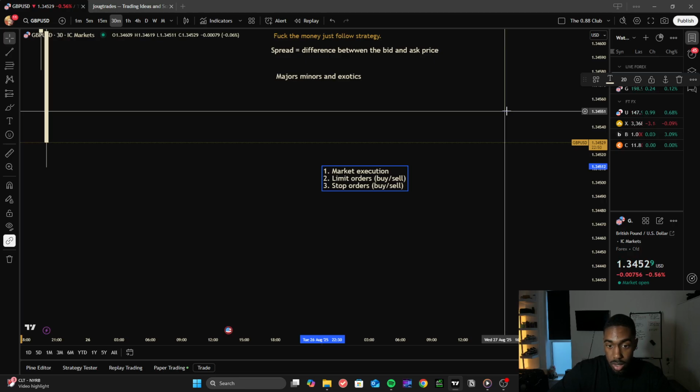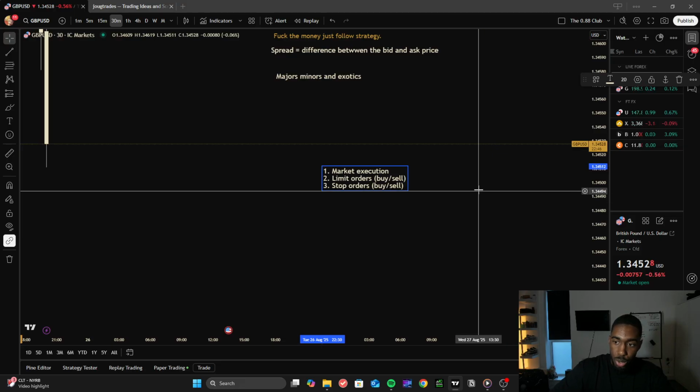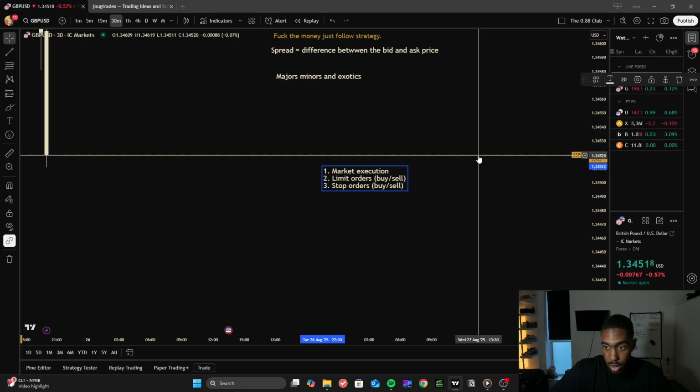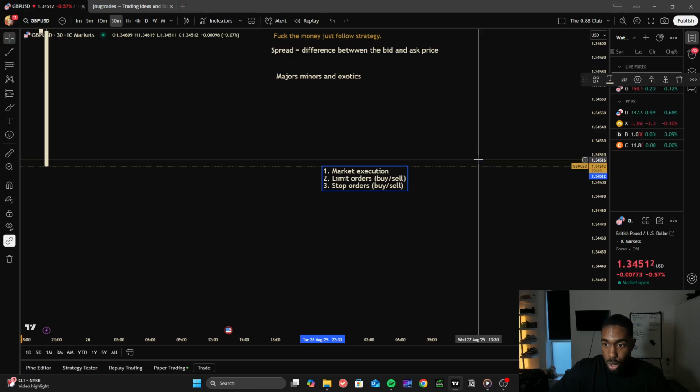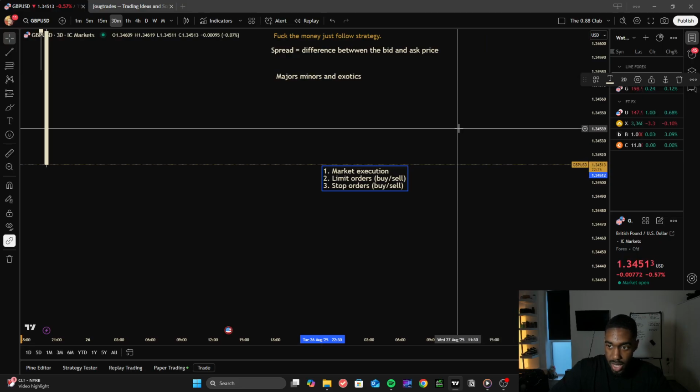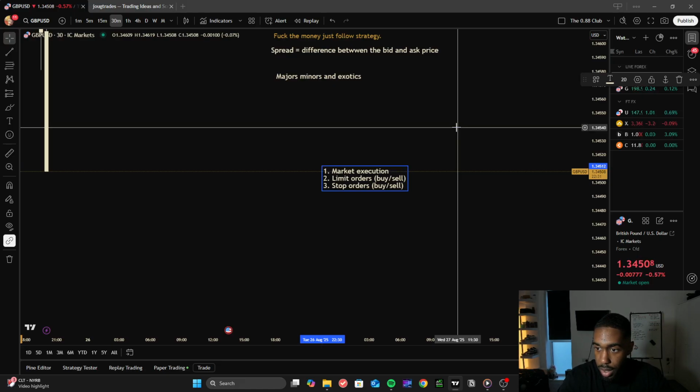For stop orders, it's kind of the opposite of limit orders. So for buy stops, you can only place buy stops above where price currently is. So say I place a buy stop here, 1.34540.